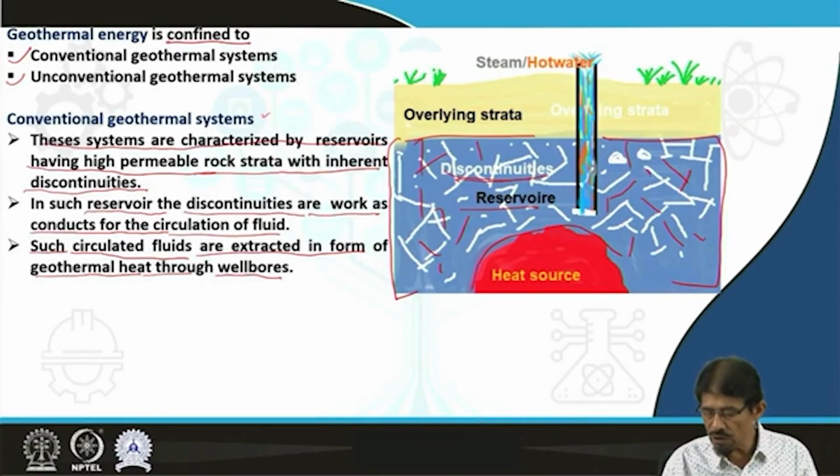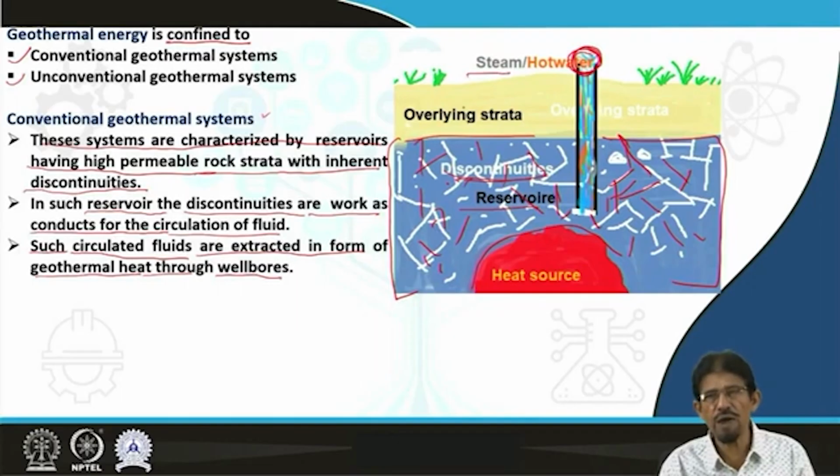The discontinuities act as conduits for movement of heated fluid, which can be extracted on the surface in the form of hot water or steam and utilized for industrial purposes like generation of electricity or for other energy.